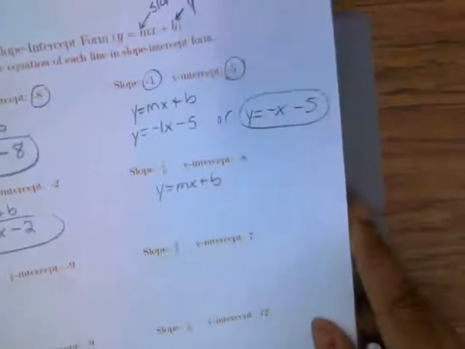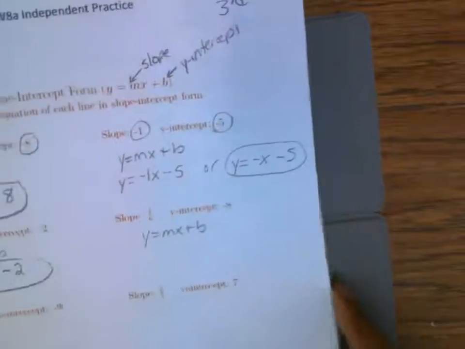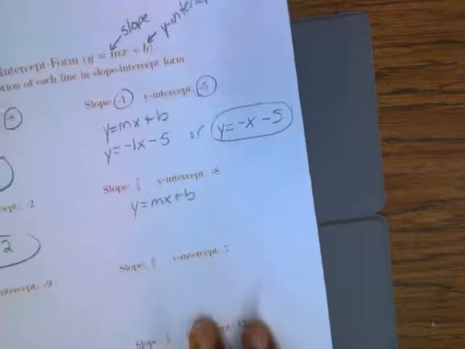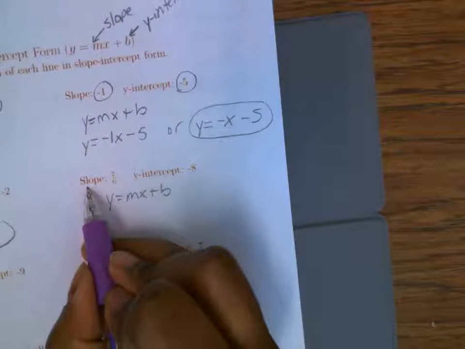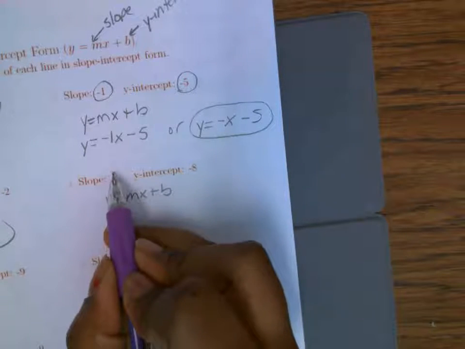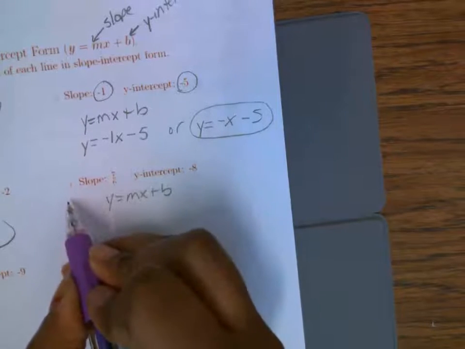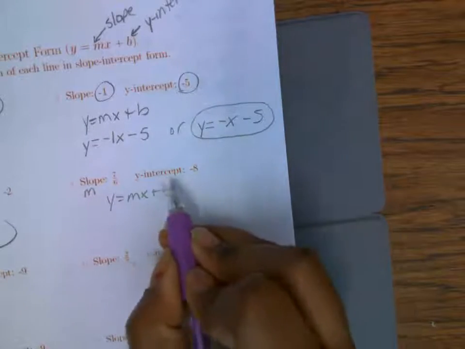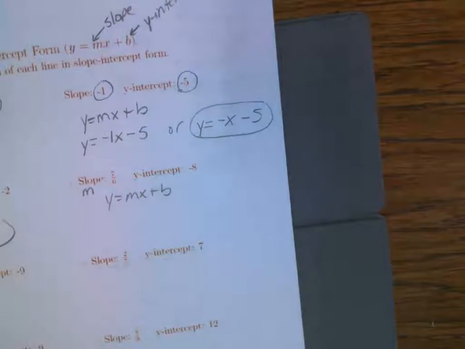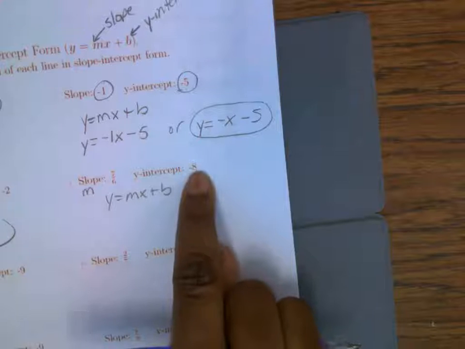This is what that looks like, y'all. And we did this on Tuesday, okay? On Tuesday, we are given the slope of the line. They tell us the slope of the line is 7/6. So m is 7/6. And the y-intercept, where the line crosses the y-axis, it crosses at -8.